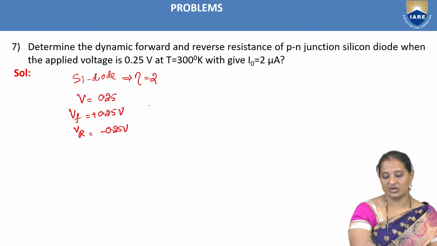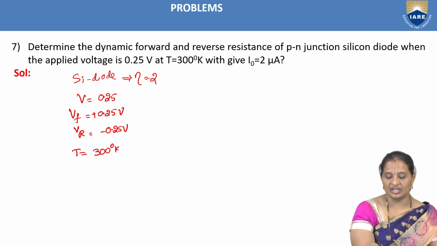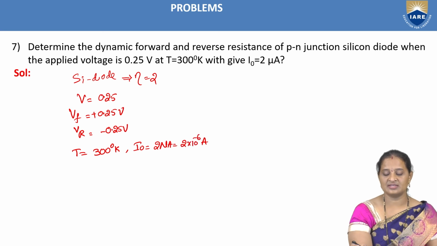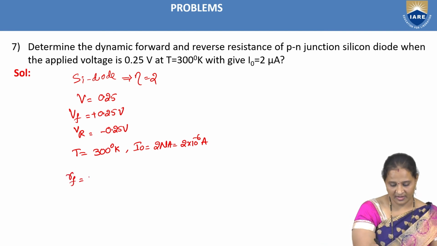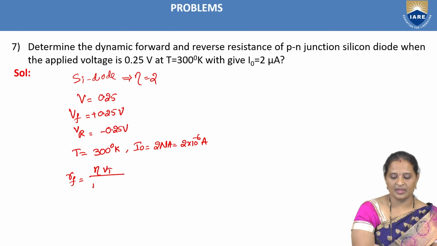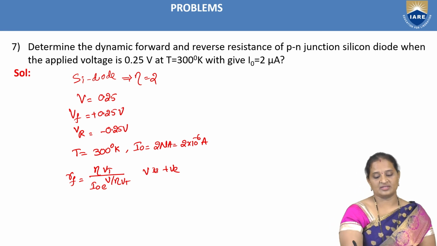Next, what are the other values given? Capital T is given, that is 300 degrees Kelvin, and the reverse saturation current is given, which is 2 microamperes, that is nothing but 2 into 10 to the power of minus 6 amperes. As you all know, the formula for dynamic resistance RF equals eta into Vt divided by I naught into e power V by eta into Vt, where V is positive if you are calculating the dynamic forward resistance.